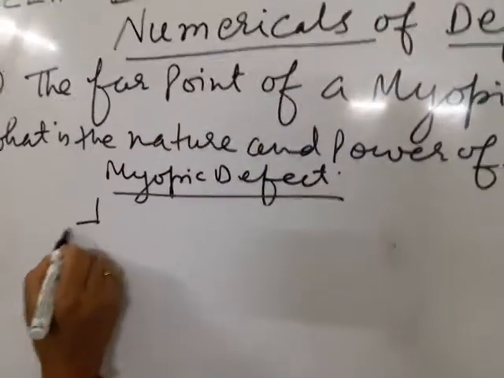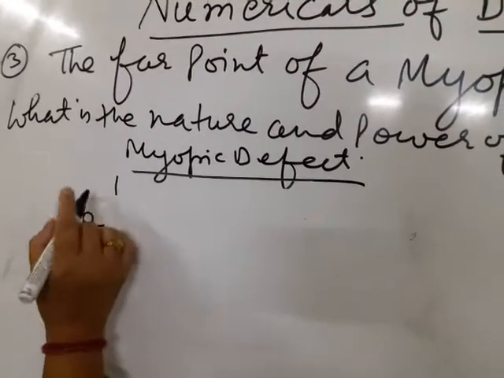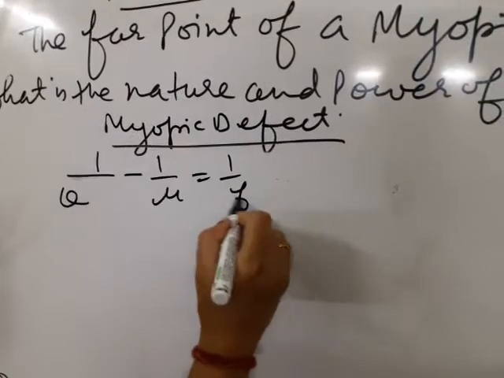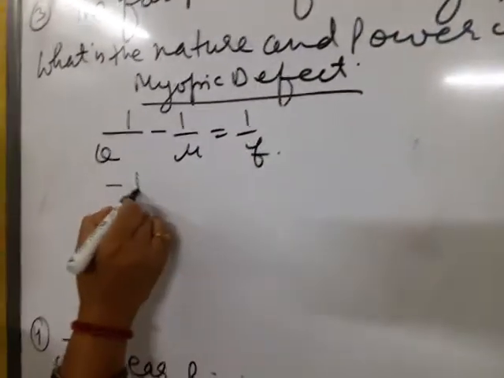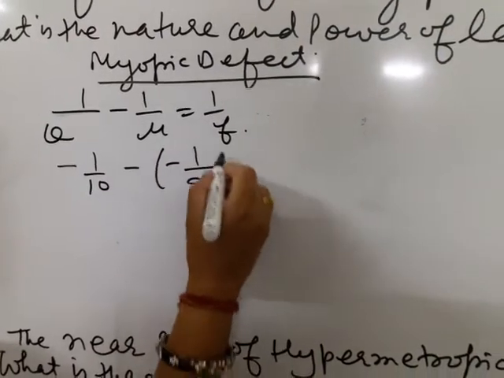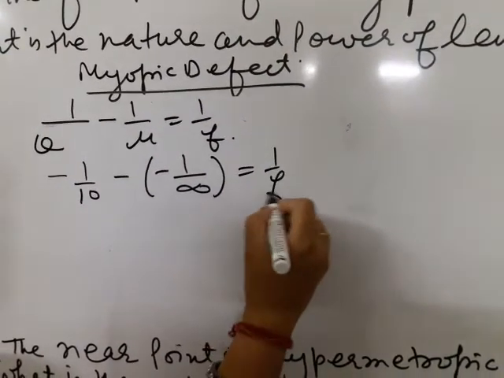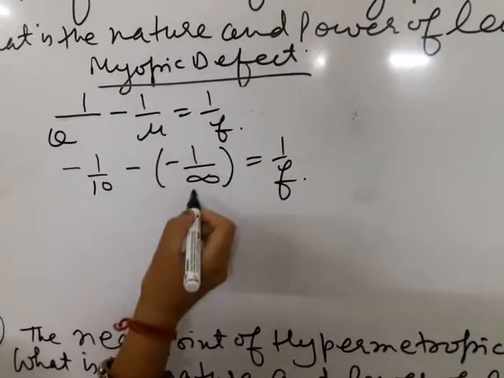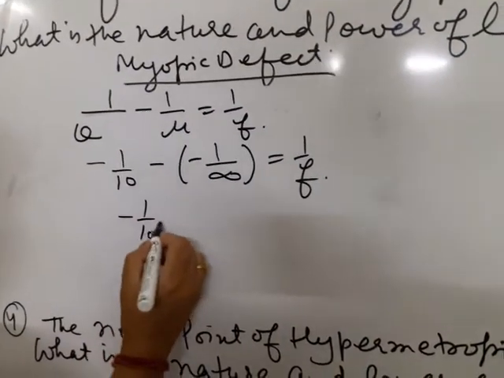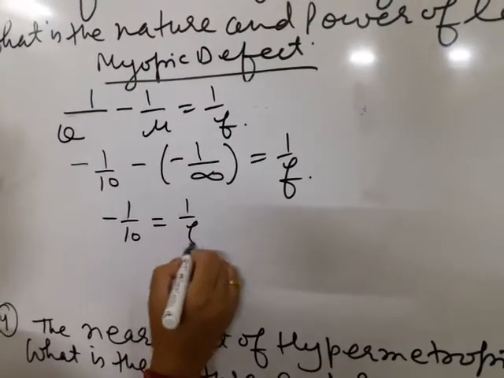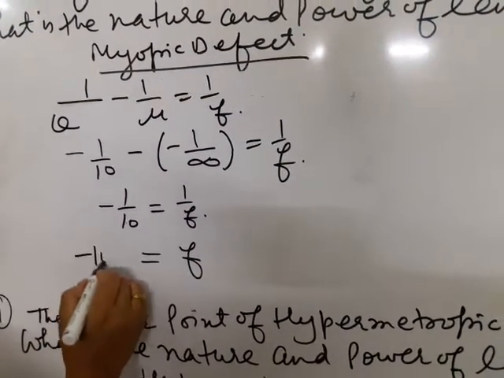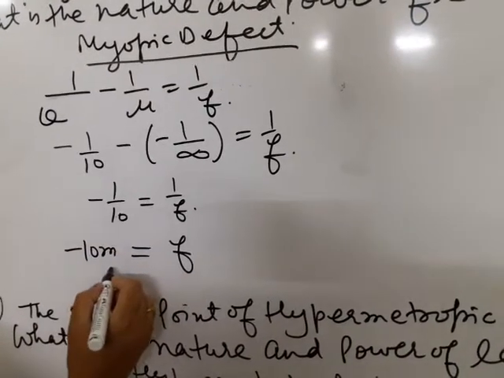So again apply the lens formula. 1 upon V minus 1 upon U is equal to 1 by F. Minus 1 by 10 minus 1 upon infinity is equal to 1 by F. So 1 upon infinity is an undefined term, only minus 1 by 10 is left. Reciprocate it and the focal length is minus 10 meter.